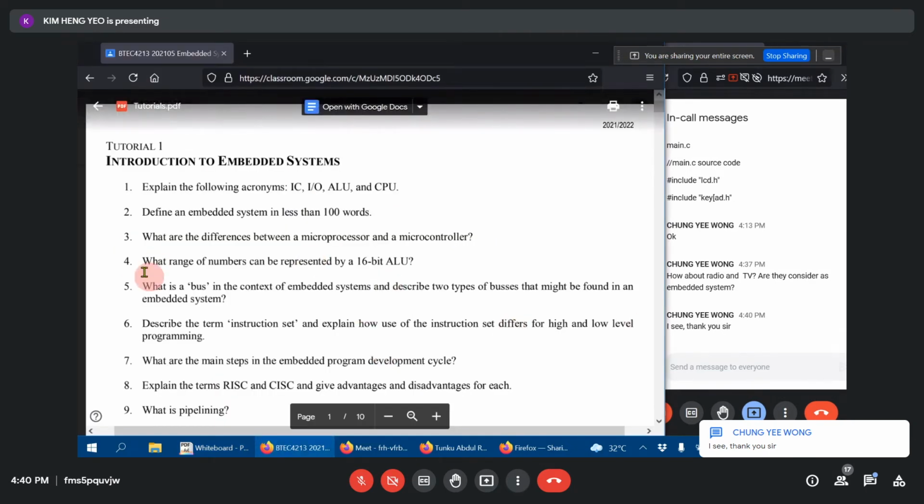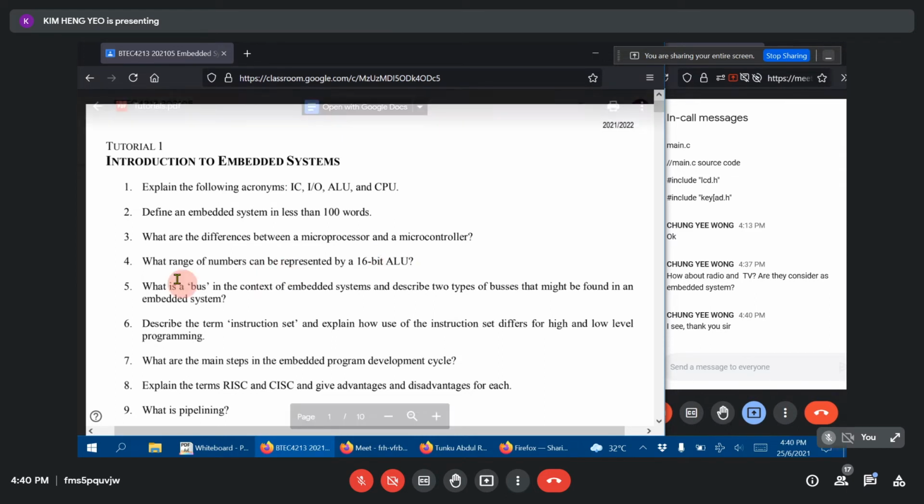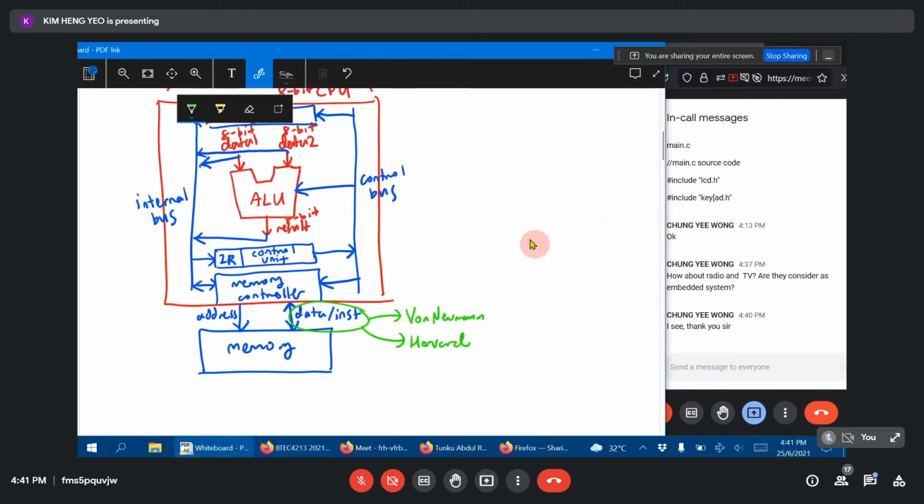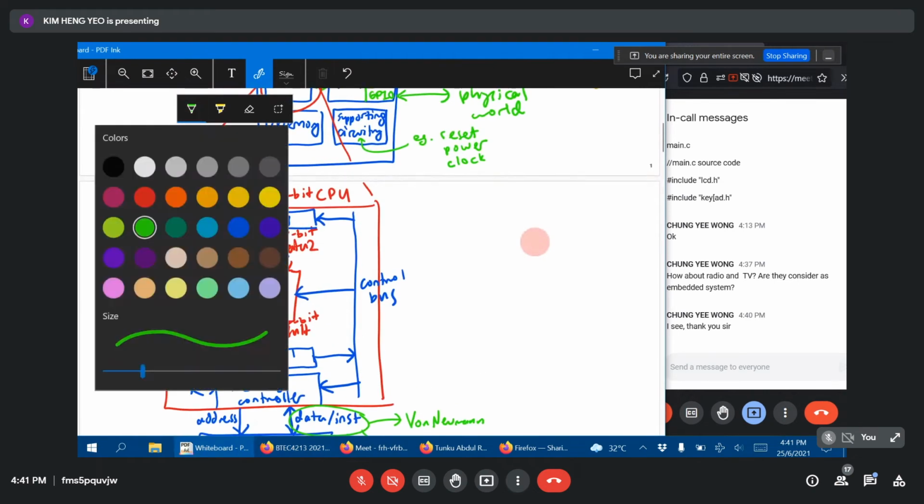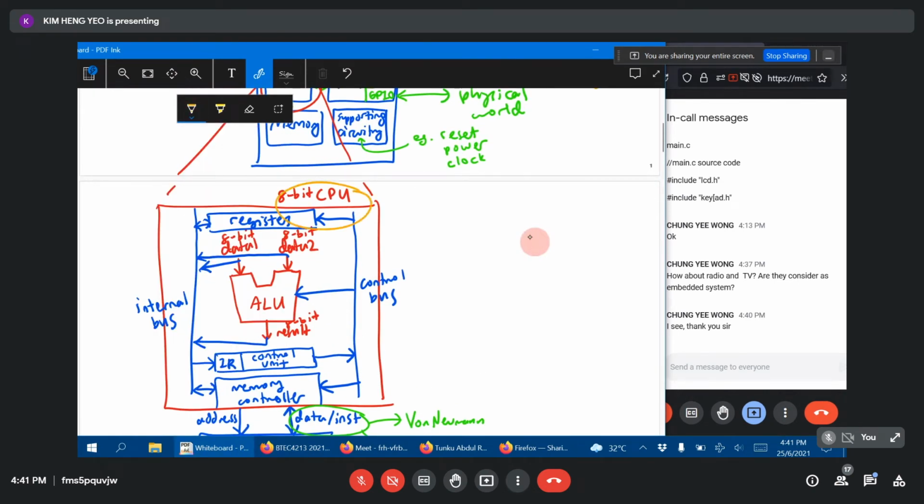Next question. What is the range of numbers that can be represented by a 16-bit ALU? If you have 8 bits, it just means that you have 8 wires.